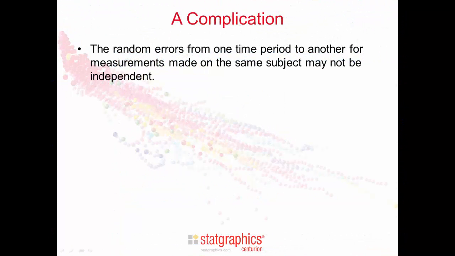A significant complication arises when you're analyzing repeated measurements. That is, the random errors from one time period to another for measurements made on the same experimental subject may not, and usually are not, independent.